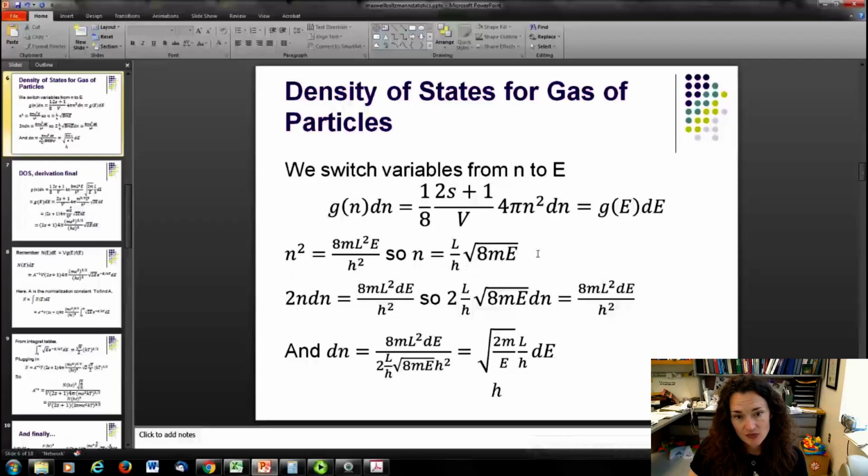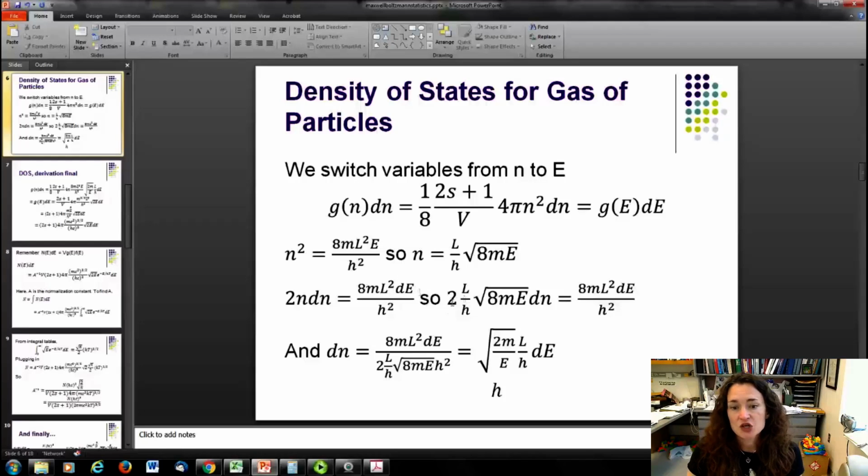Okay? So now we have this relationship here, and we're going to plug all of these factors back into my density of states, okay? So we have 2n dn. I need to go ahead and plug in for n into that expression so that I just have a straight up relationship between dn and dE that doesn't have another n in it.